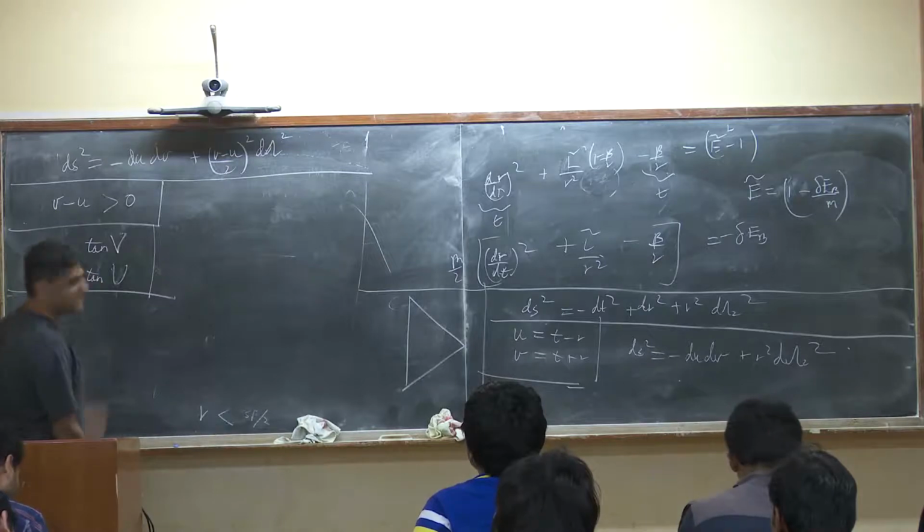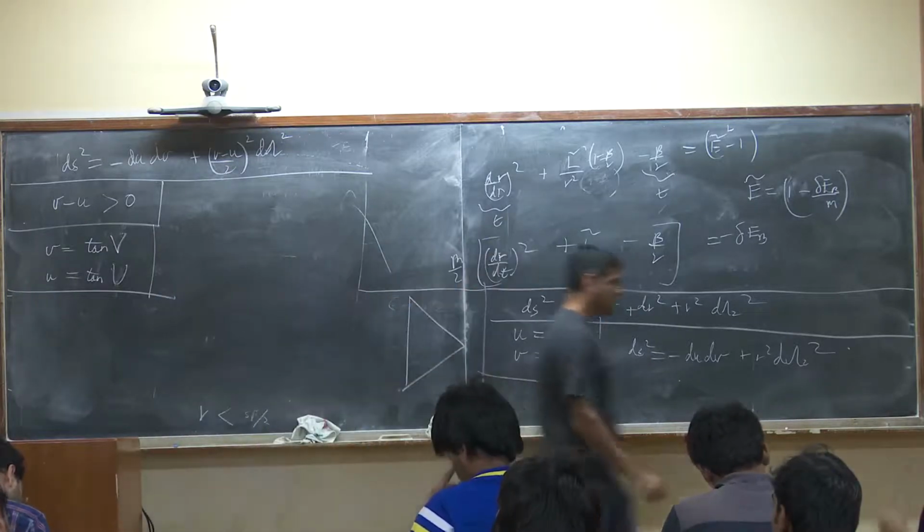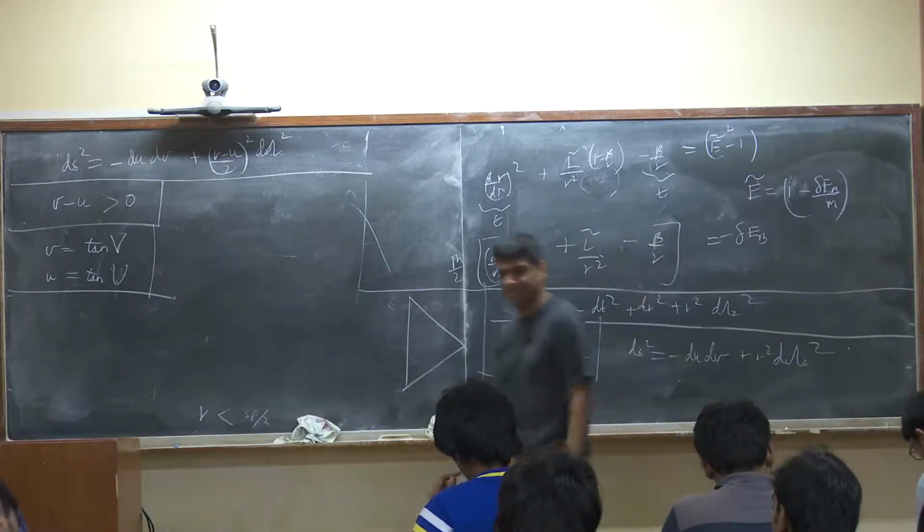Now let me plug this in here and see what I get. The derivative of tan is sec square, 1 by cos square.